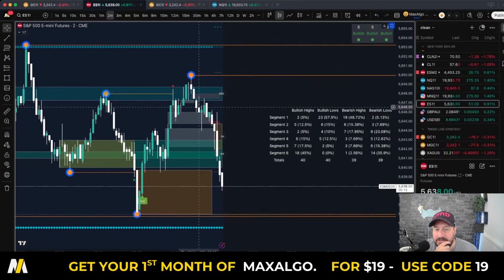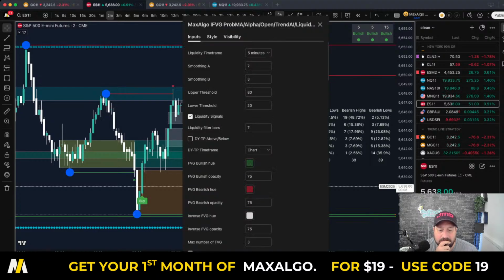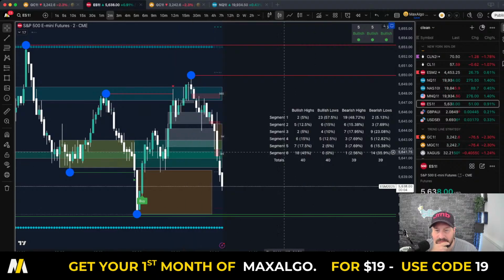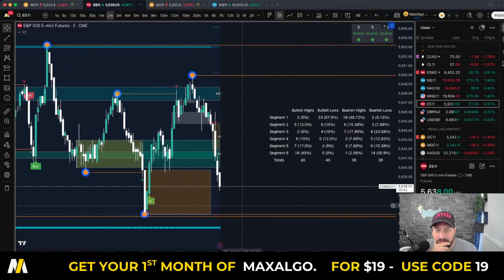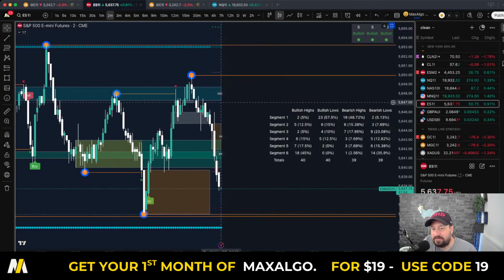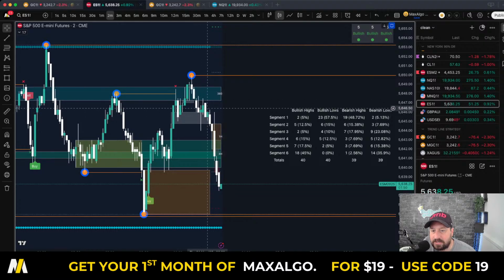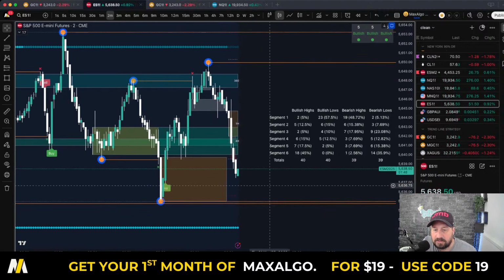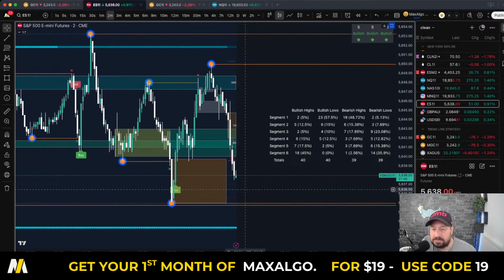I like this. Out of the 6 hour liquidity reversal. I like it. VIB left, tap and rejection. Very nice.